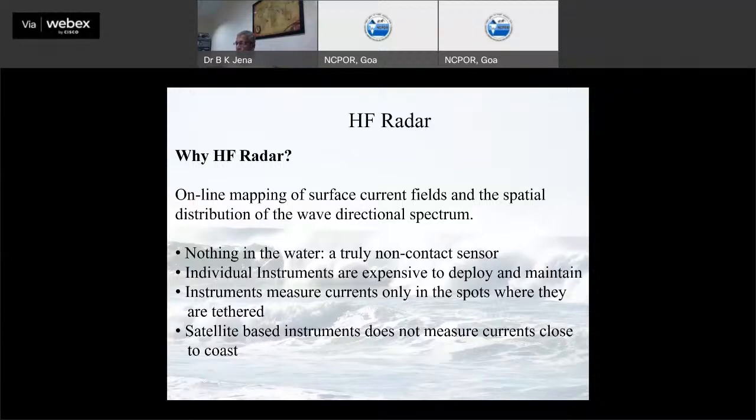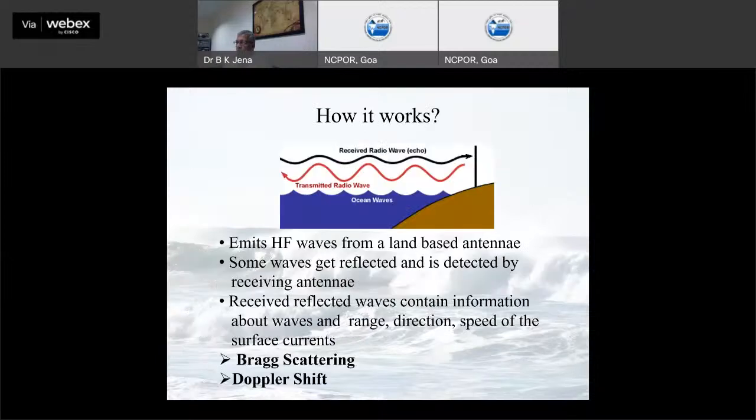These instruments measure the currents in a spatial distribution, as I told, and also give waves and wind direction. You also know that satellite-based observations are not always accurate. So this HF radar gives validation of satellite observations and other modeling work. This data can be used very well.